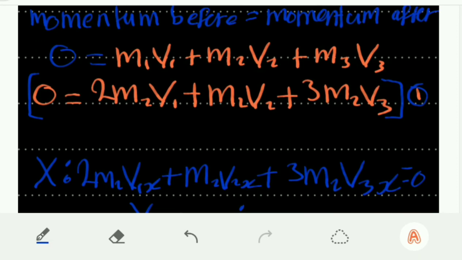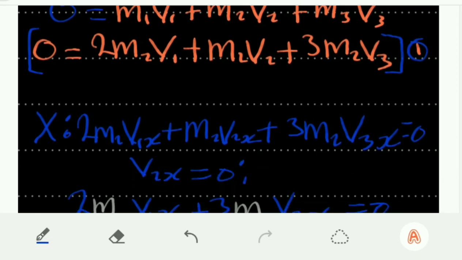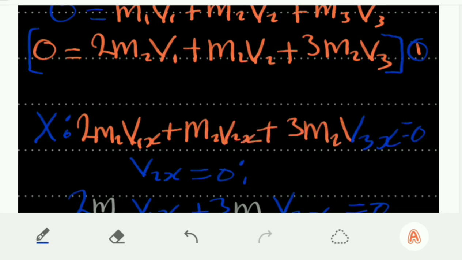And then we consider now the components. We know that m2 is not moving in the x, but it's moving in the y. We have the x component of equation 1: 2 m2 v1x plus m2 v2x plus 3 m2 v3x equals 0.